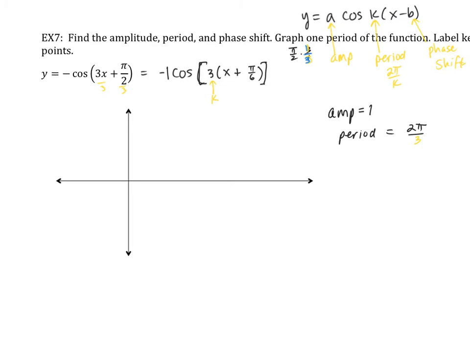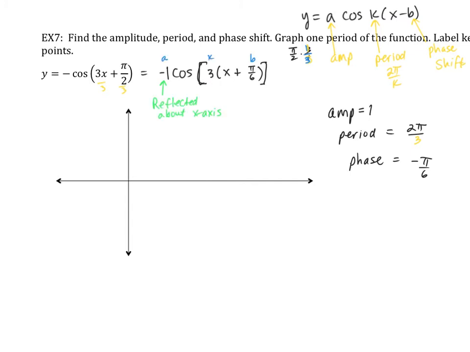And then my phase shift is negative pi over 6. All right, so because of that negative right here, this means that my graph is also reflected about the x-axis.